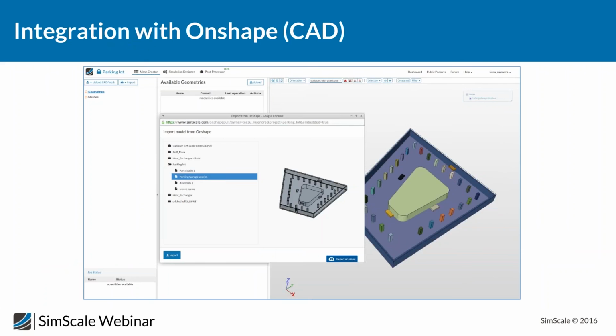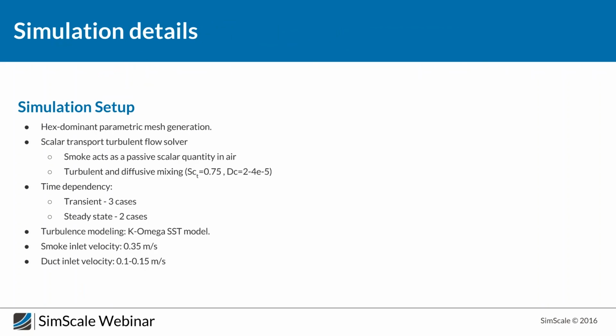As you can see here, this is already covered before, so I will not go through details there, but maybe a few words on the setup of the simulation. We are going to use a hex dominant parametric mesh generation. It means that we are going to define all of the parameters.